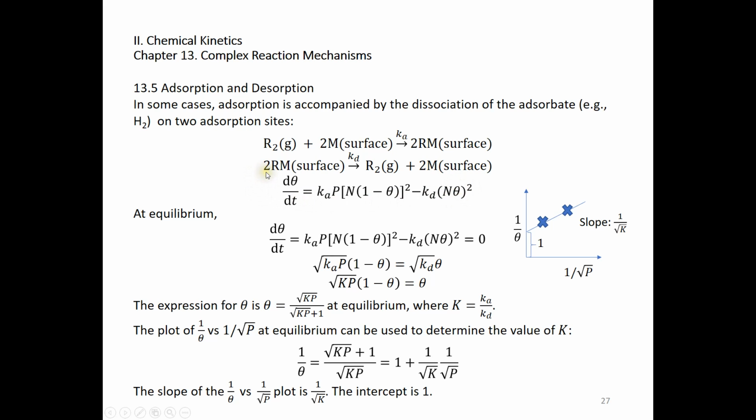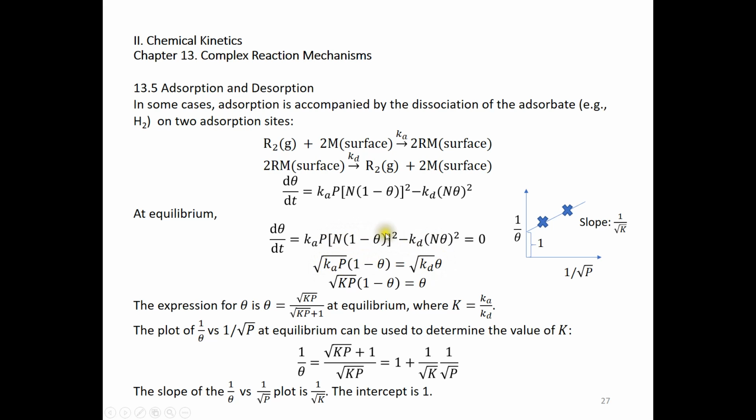Because of the coefficient 2, it has to be squared. At equilibrium, d theta over dt is 0, therefore the adsorption rate minus desorption rate is just 0. This equals this.